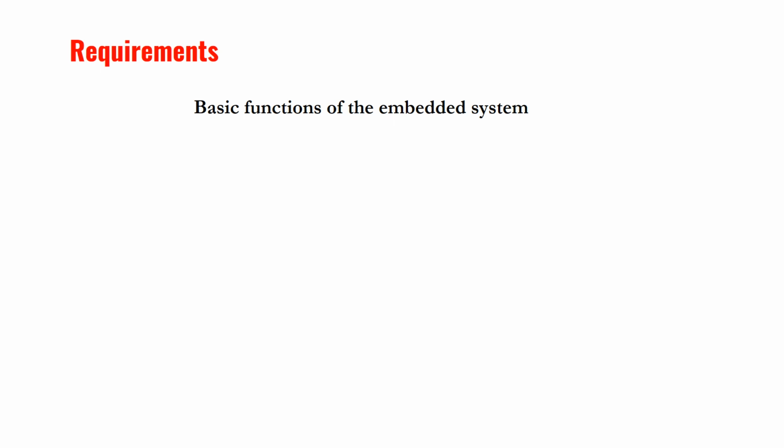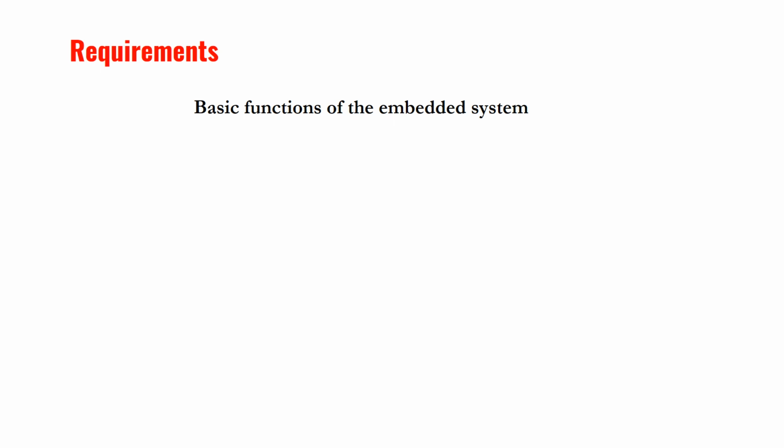So first let us see about the requirement. The requirement is nothing but the informal description gathered from the customers, which we refine into a specification that contains enough information to begin designing the system architecture.